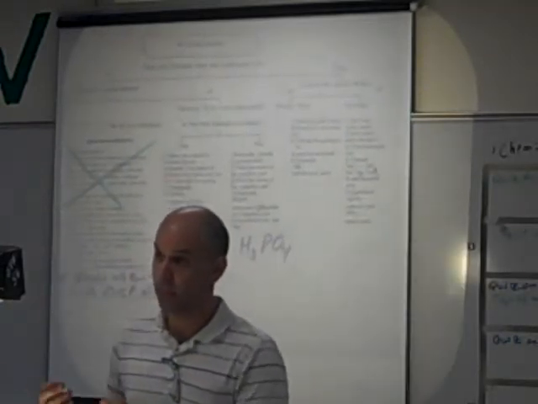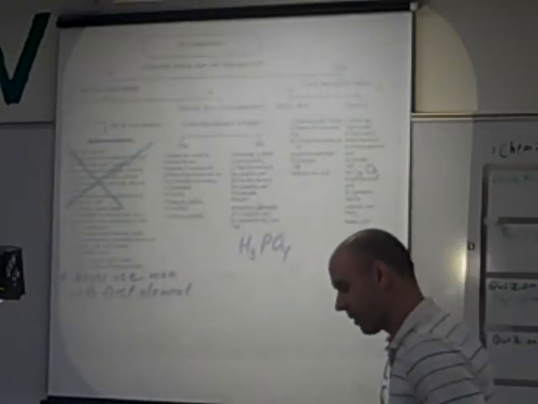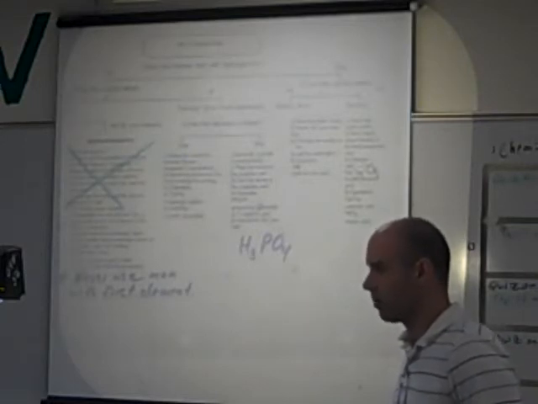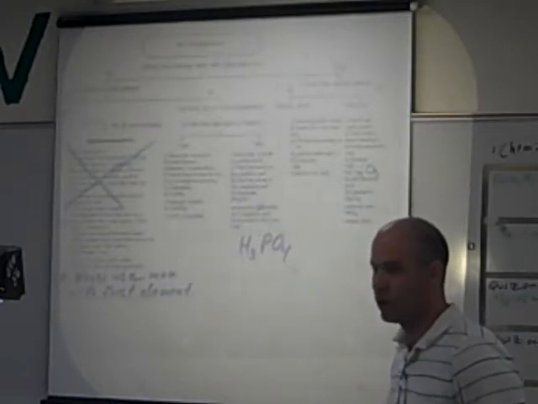Isn't water technically an acid then, because it starts with H? Well, the funny thing about water is it's both an acid and a base. And we'll get to that much later in the year. There's a special name for things like that. They're called amphoteric.